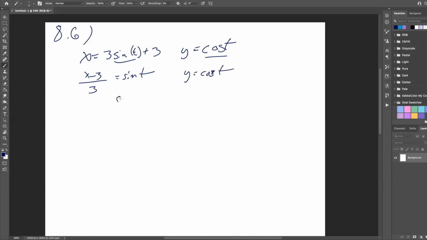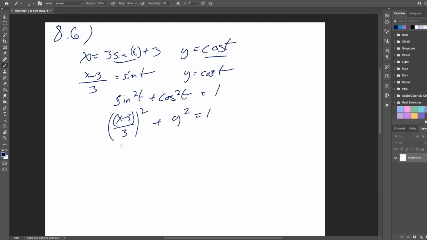And then we use sine squared t plus cosine squared t equals 1. You just plug this in. And so I'll have x minus 3 over 3 squared plus y squared equals 1.